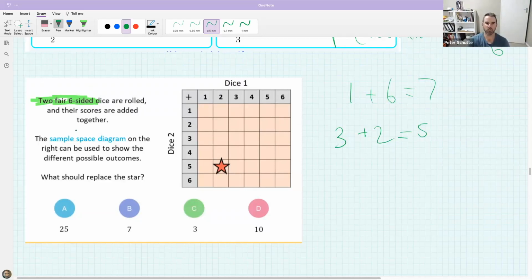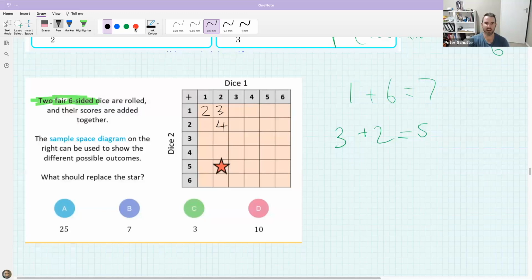And so if we are imagining that if you threw a 1 on dice 1 and a 1 on dice 2, you would get a sum of 2. If you threw a 2 on dice 1 and a 1 on dice 2, you get 3. And over here, we would have 4.